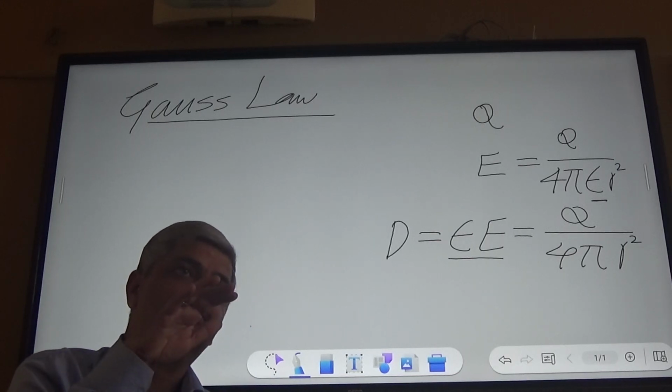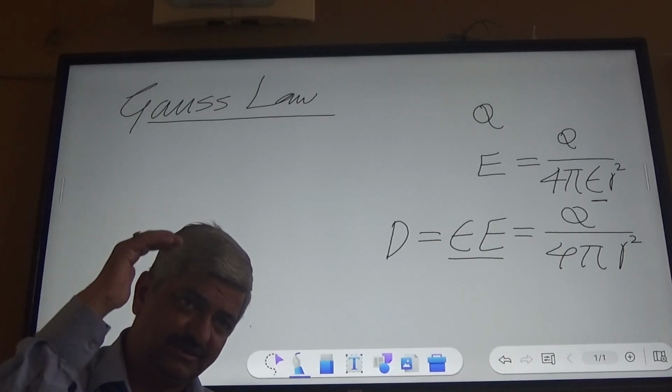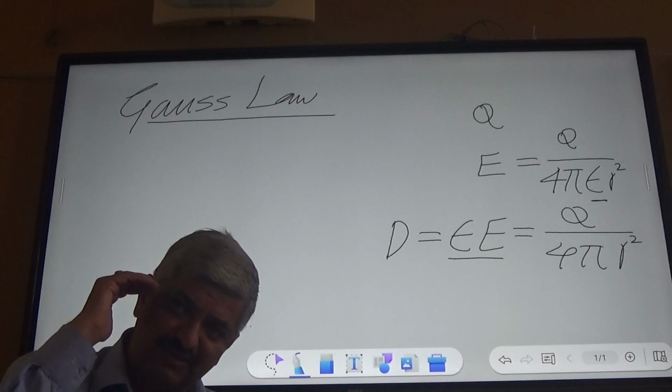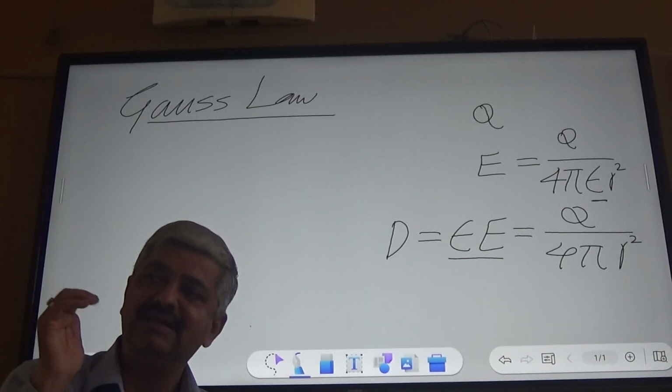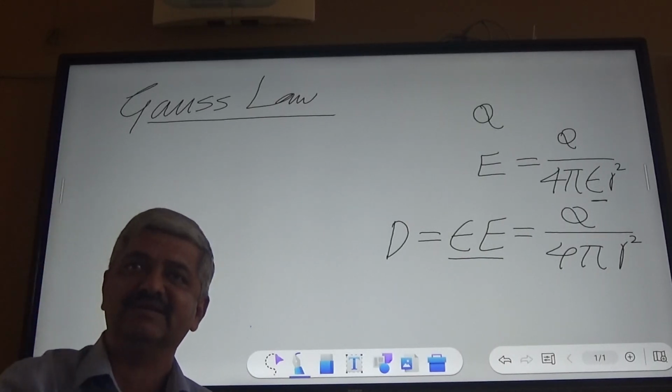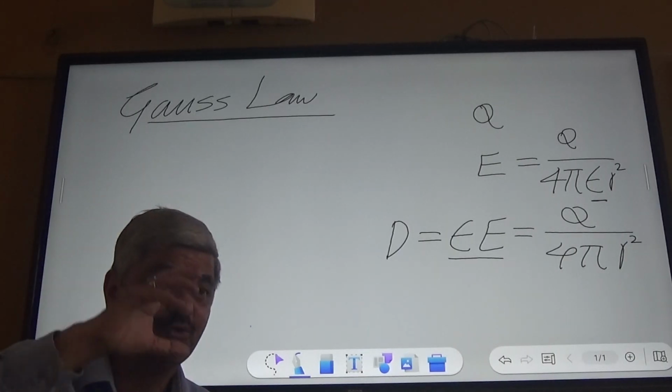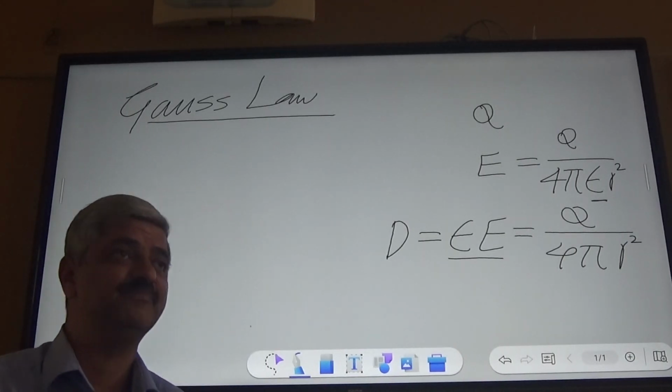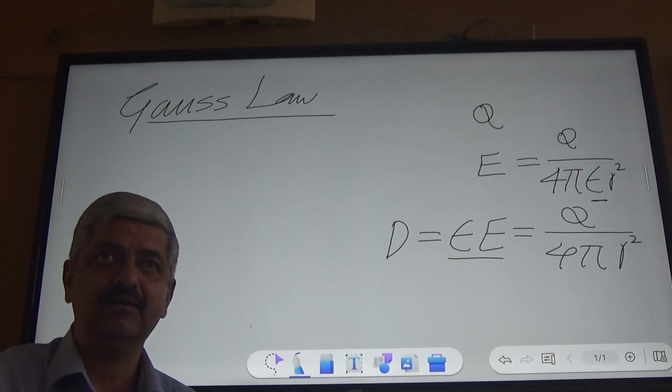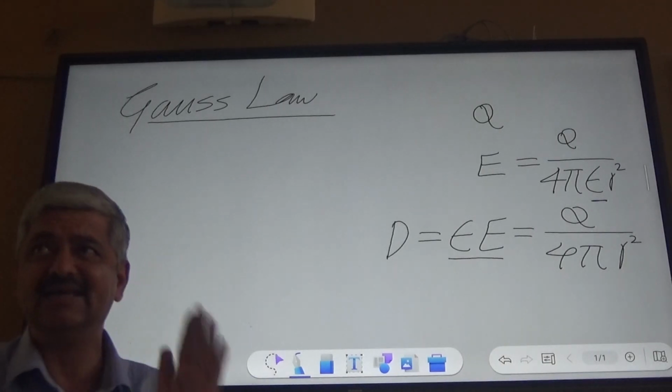Closed is a different part, but we must be well aware of the term electric flux over a surface. What do you understand exactly by the term?